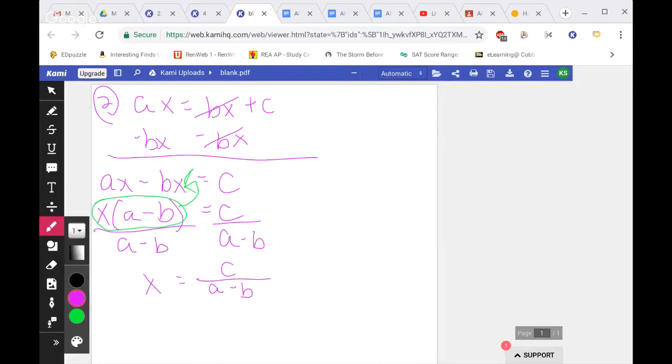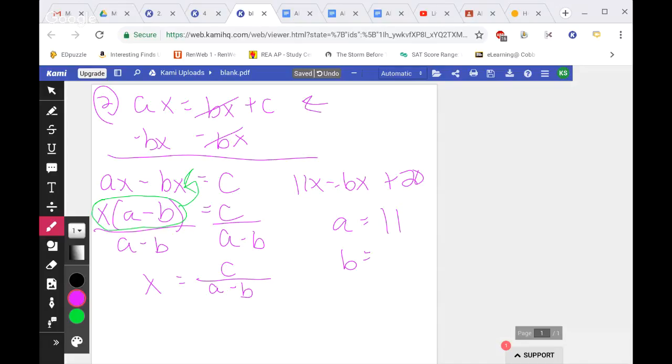And then I'm left with this equation at the bottom here. The original equation was 11x equals 6x plus 20, so we substitute these in. A would equal what? 11. Good job.